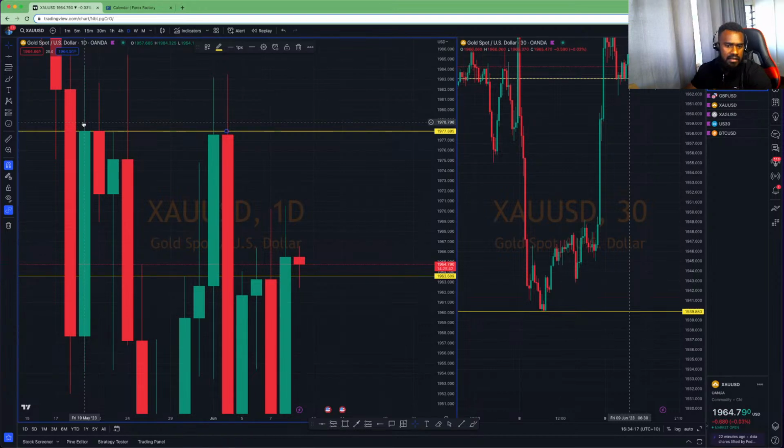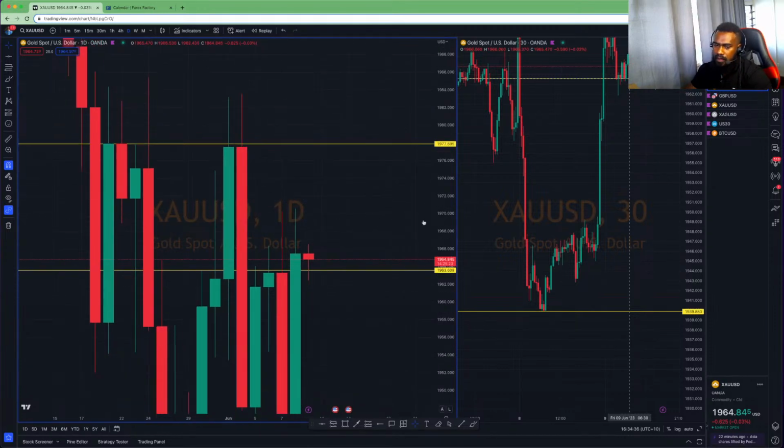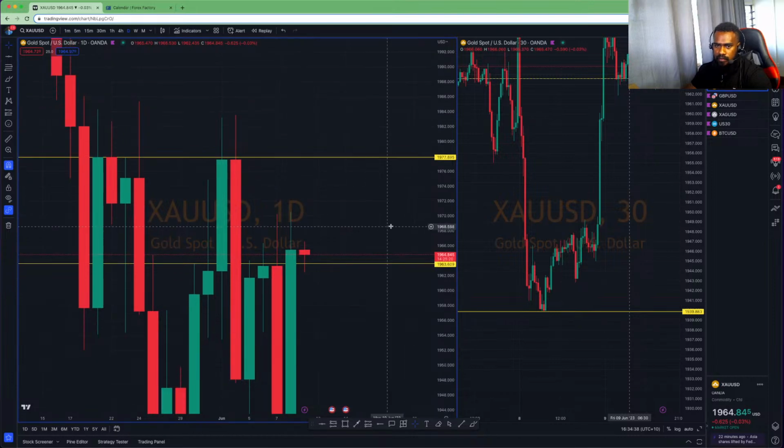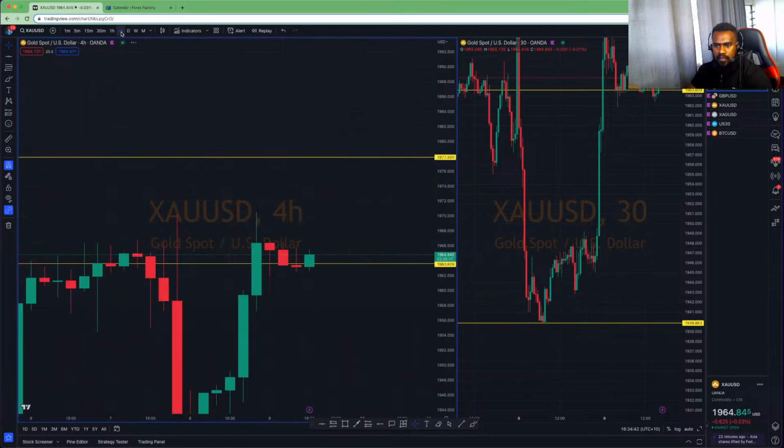This resistance was held since 19th of May, held again on the 22nd, 23rd, 24th, and then it held again on the 1st and 2nd of June. And if we do continue bullish, I'm expecting price to potentially come up to this resistance level over here. So that's something we're going to be looking at. So that's the daily time frame.